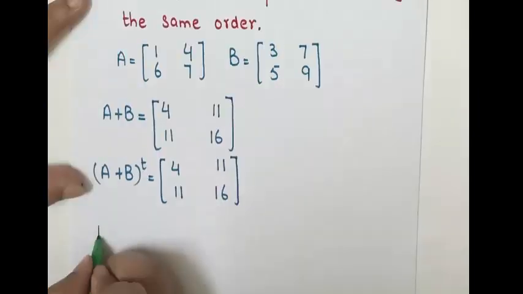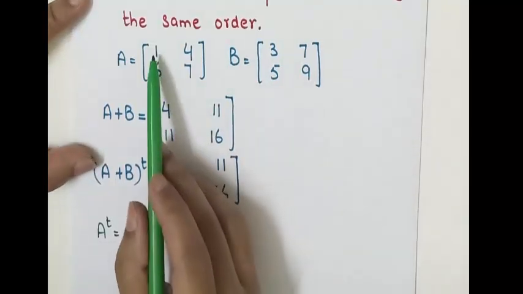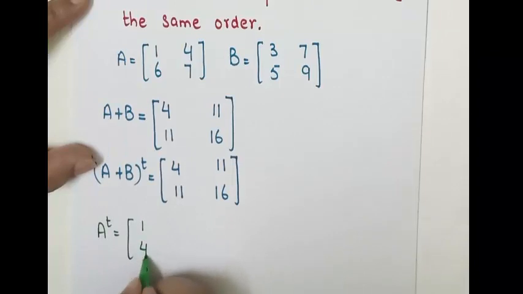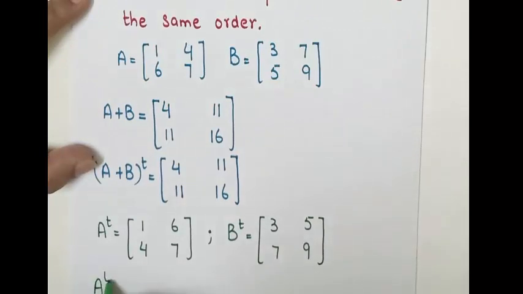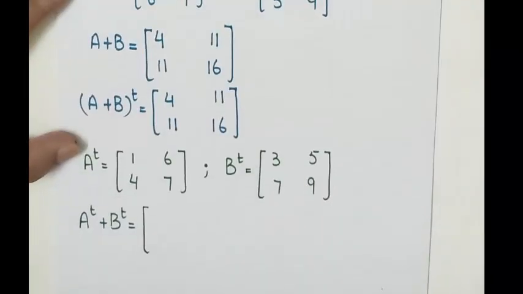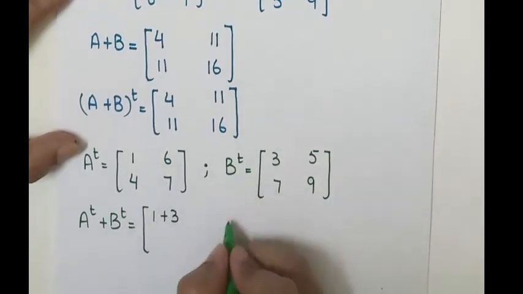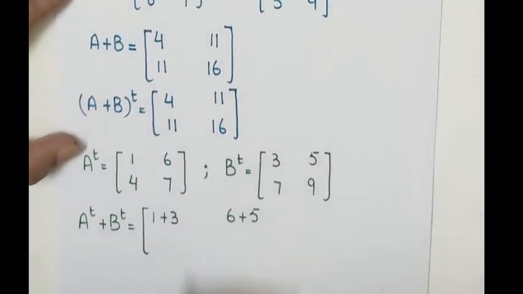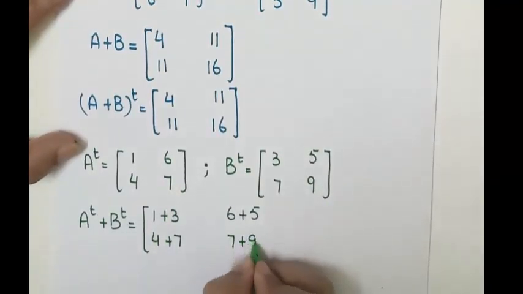So first we will take the transpose of matrix A, which is equals to, changing the rows into columns, we have 1, 4, 6, 7, and taking the transpose of B, 3, 7, 5, 9. Now we will add these terms, A transpose plus B transpose. This is equals to 1 plus 3, 6 plus 5, 4 plus 7, and 7 plus 9.